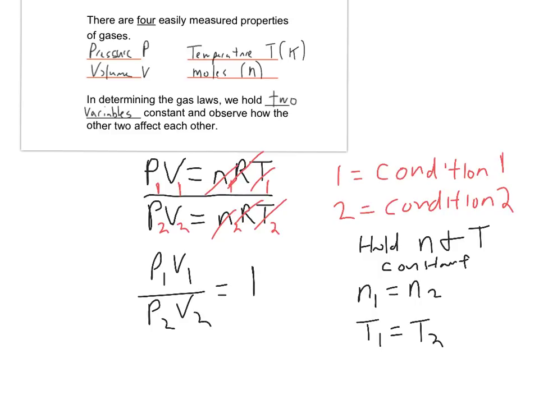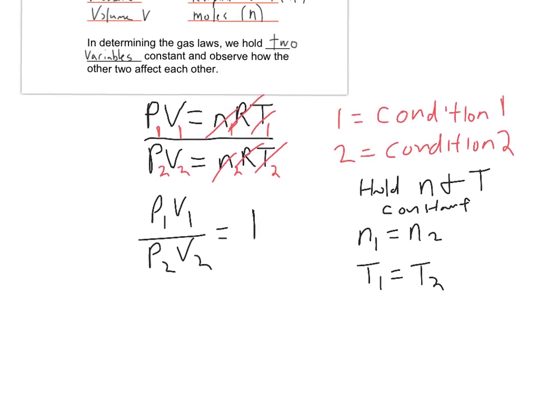And to rearrange that, we get our first simple gas law: P1 V1 equals P2 V2. This is Boyle's law.